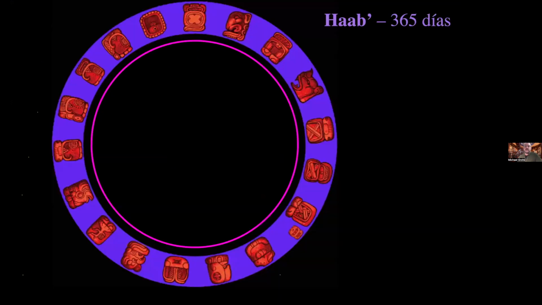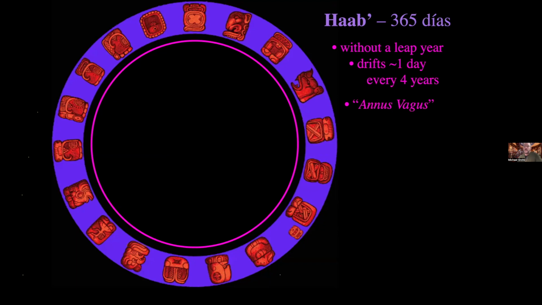Okay, so the Maya Great Year that I'm proposing is using the Haab cycle of 365 days. That cycle without a leap year drifts back from the tropical year and the sidereal year by about 1 day every 4 years. Others called this the vague year, the Annus Vagus, named after that same Egyptian year.